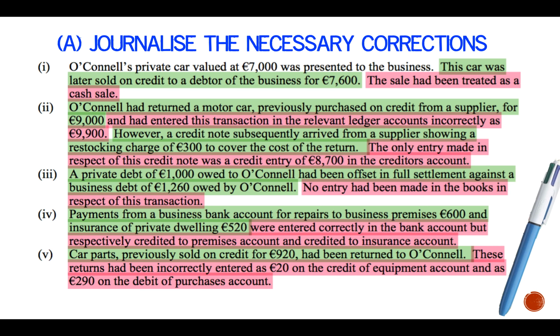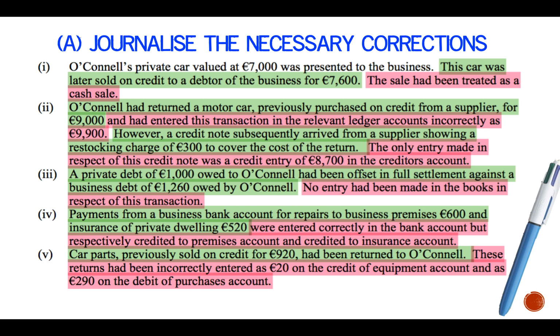Alright, so part 1, O'Connell's private car valued at €7,000 was presented to the business. Now I didn't underline that and you'll see why in a second. Now it says this car was later sold on credit to a debtor of the business for €7,600. The sale had been treated as a cash sale.